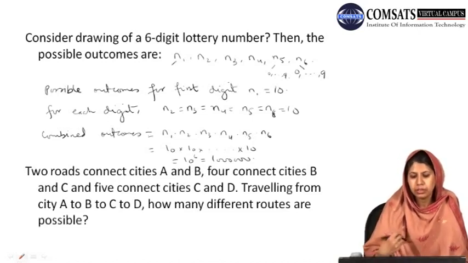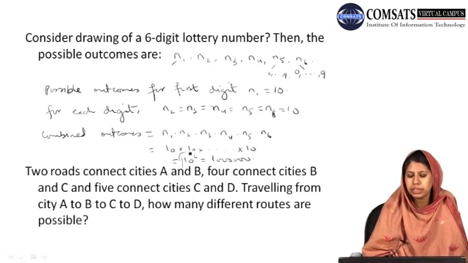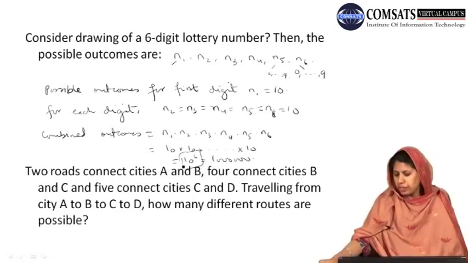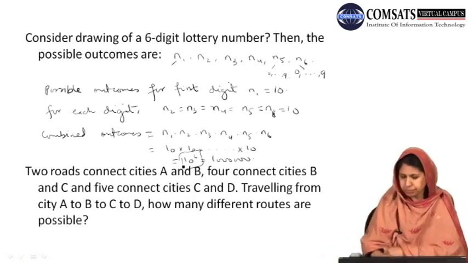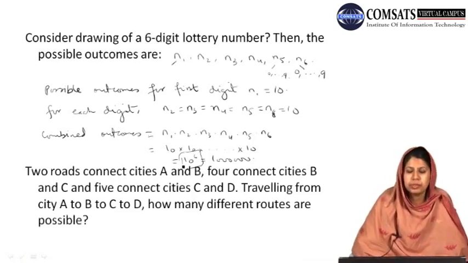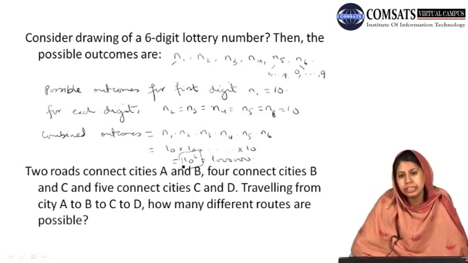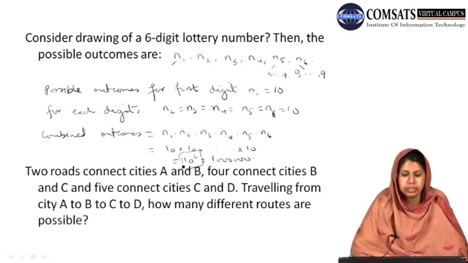So drawing a 6-digit lottery number has 10 to the power 6 possibilities. That is, we have just multiplied the number of possible outcomes of each event, or each digit in this case.